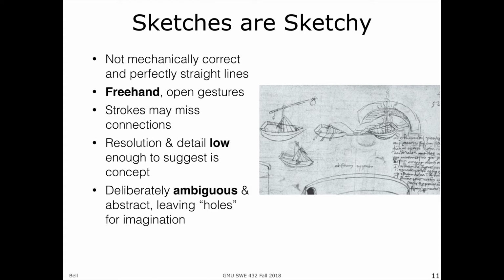We want to have low resolution, low detail to just suggest the concept here. If I were to start sketching out how we're going to be looking at our files, we probably don't want me to be putting color in there, because then you might say, did you pick the right color? Or even putting icons in there, or showing that one item is much bigger than another item. Unless that's a distinction that's really important, we want to leave this stuff kind of ambiguous and abstract, leaving holes that our imagination can fill in.